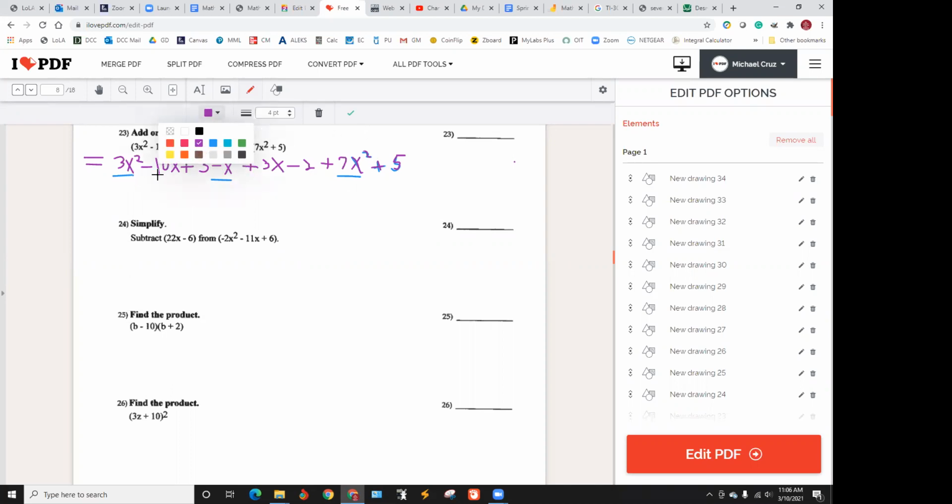So it's 3x and 7x, so that's 10x. Both of those are positive. That's easy enough to do. And then we got a -1, so that's 9 positive x squared. So that's all of the ones that are underlined in blue. Just check. 3 plus 7 is 10, and -1 is positive 9.